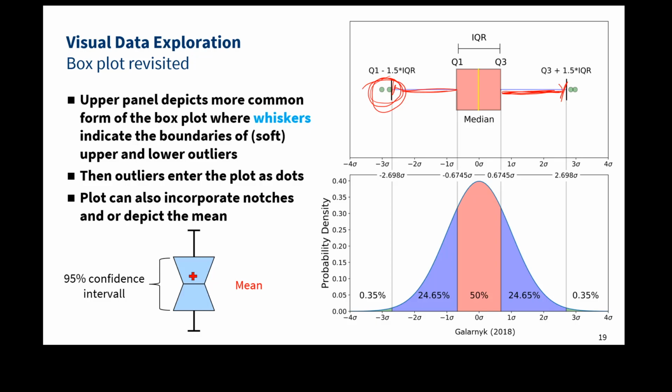And also an option would be to show the mean in addition to the median. Exemplifying this here with the red cross, that's my mean. The mean of this distribution might be a little bit above the median. So maybe we have some large, maybe even some very large observations which impact the mean more heavily than they impact the median, right?